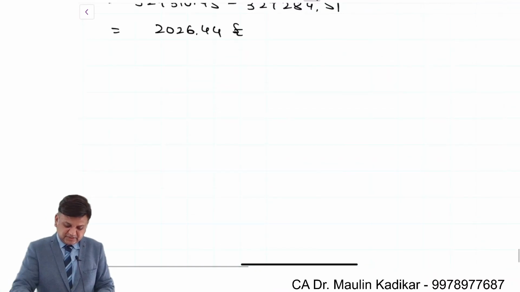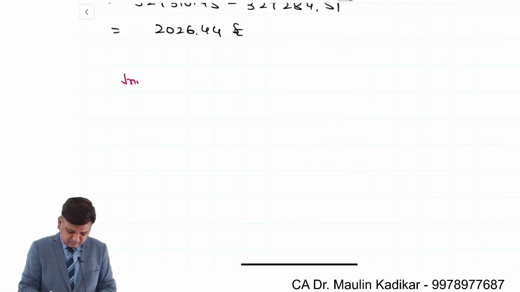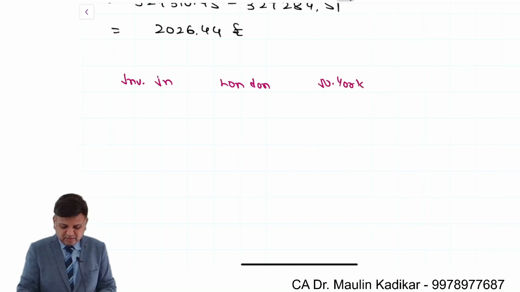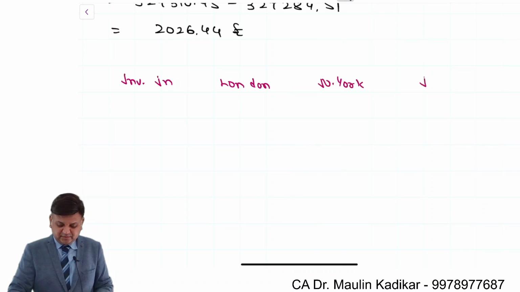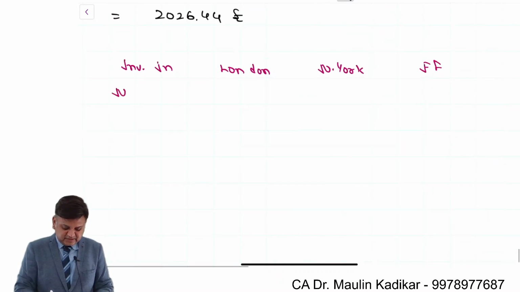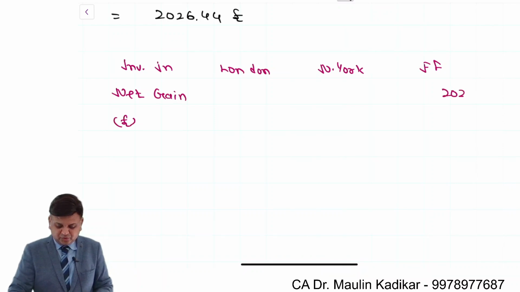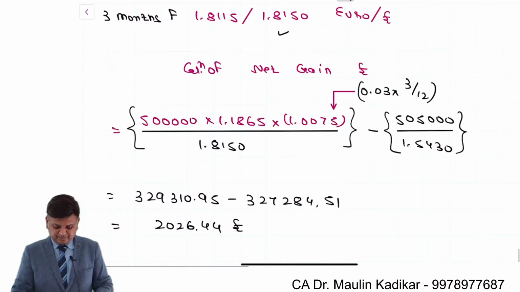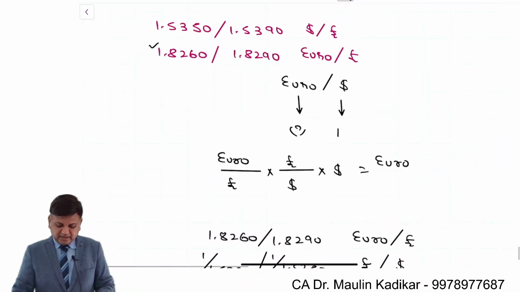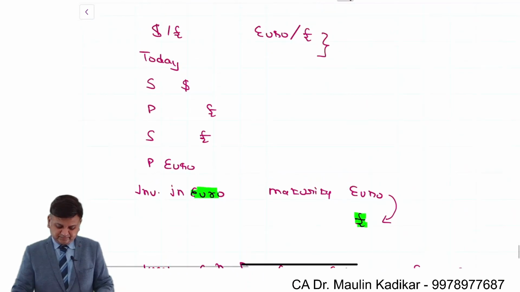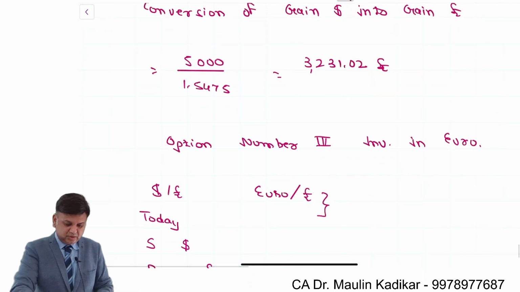So now the 3 options that we have: invest in London, invest in New York, and invest in Frankfurt. In that, the net gain, which is in comparable term, that is in pound currency term, in the last one it is 2026.44. In case of dollar currency it is 3231.02.